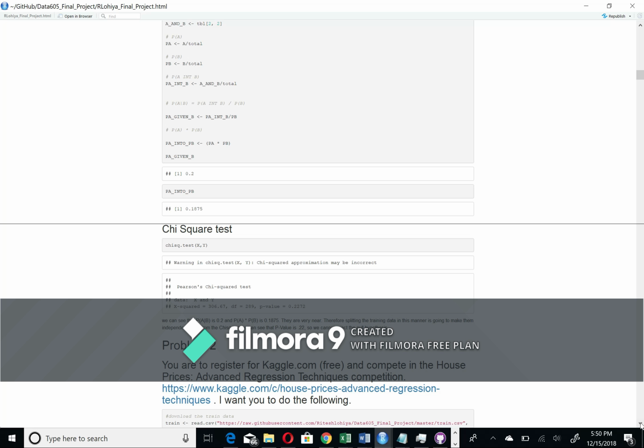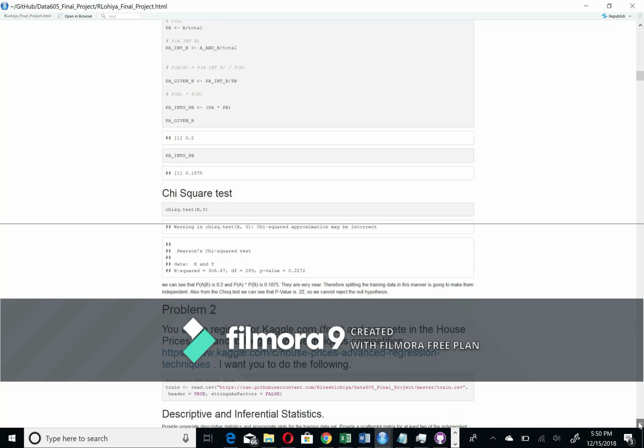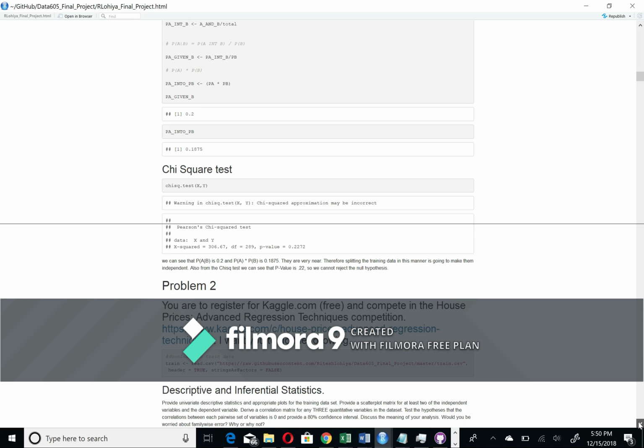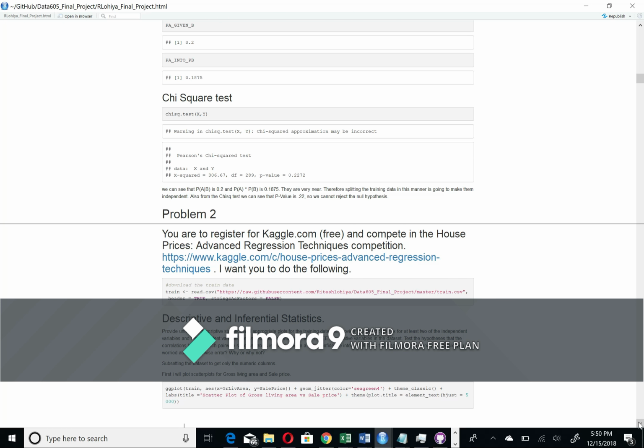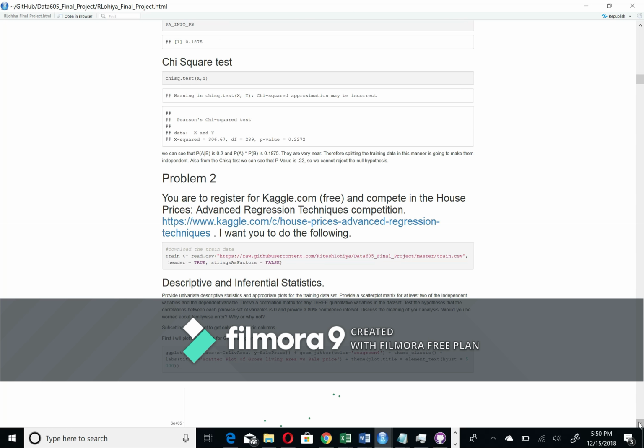They are very near, therefore splitting the training data in this manner makes them independent. You can see the p-value is also 0.22, so we cannot reject the null hypothesis.